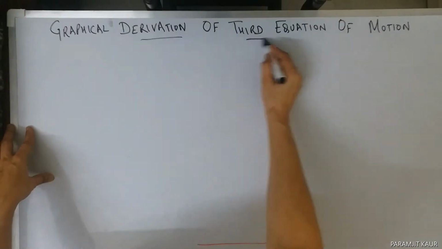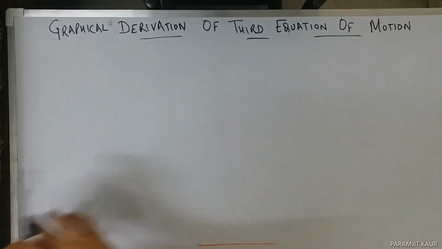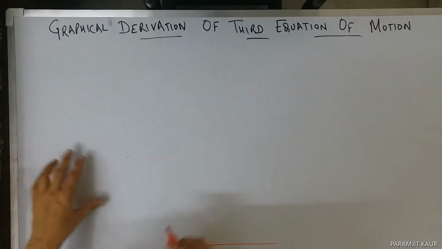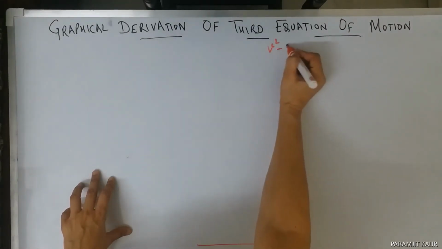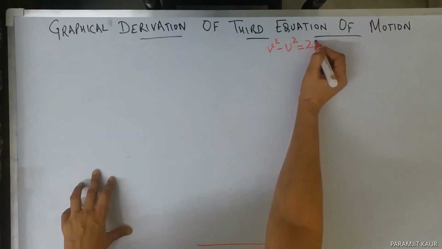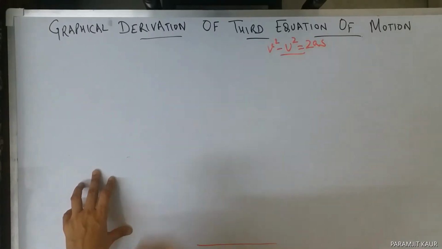So we are going to derive graphically the third equation of motion. And you know what the third equation of motion is? It is V square minus U square equal to 2AS. So we need to derive this.